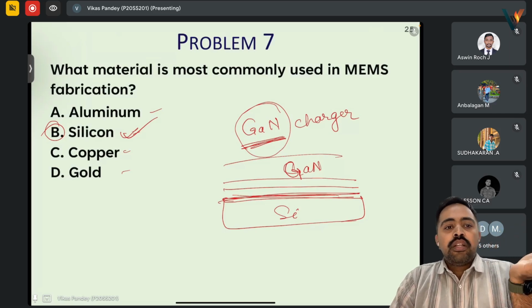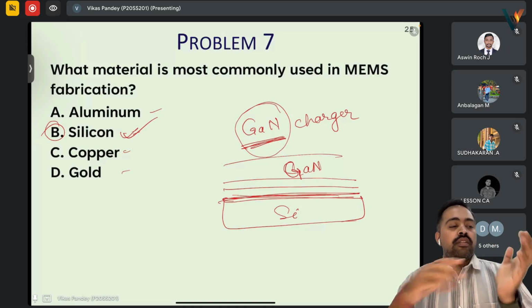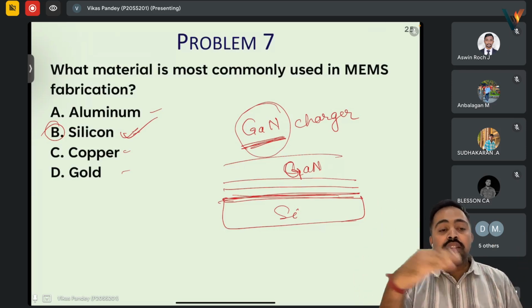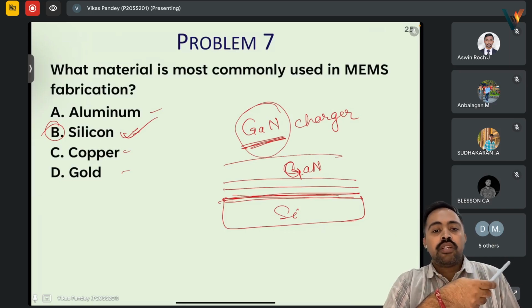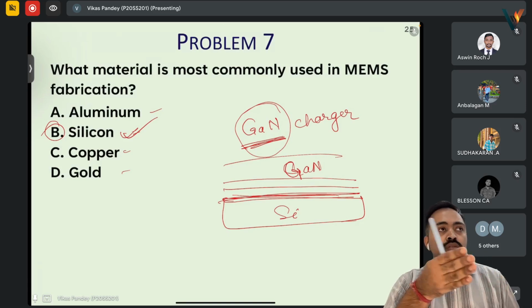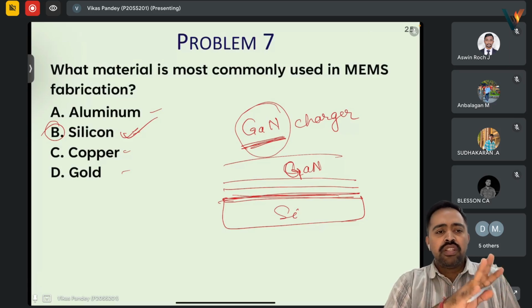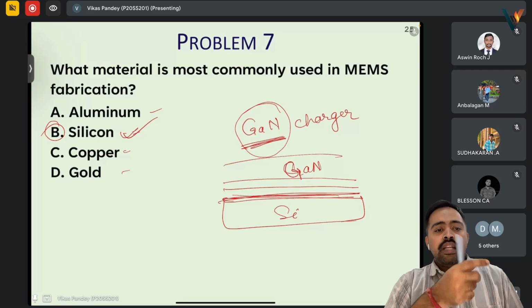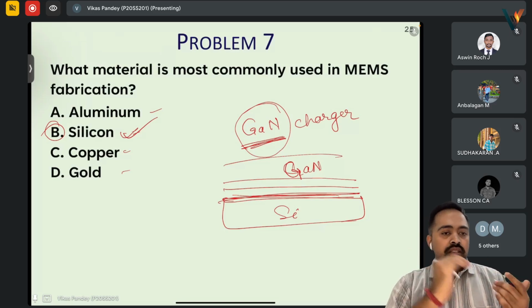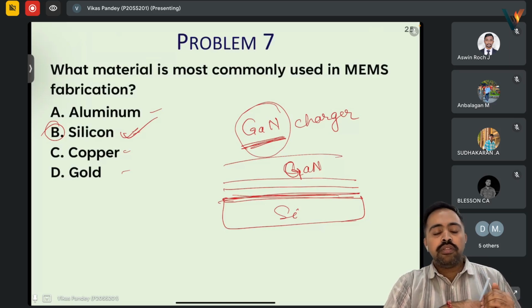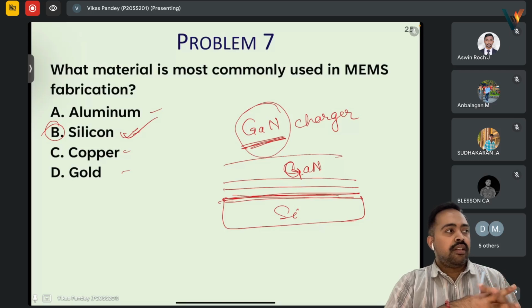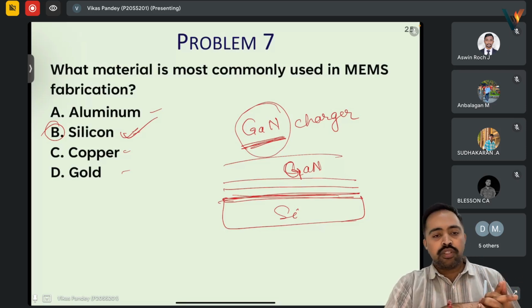So certainly the cost of your device will also increase by that fold, so you can say 50-60 times. That is the reason that silicon is still preferred. If some other technology comes that is much more robust and cost effective, then people will switch to that.